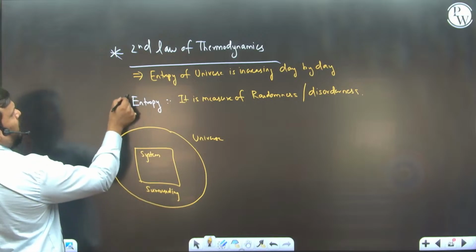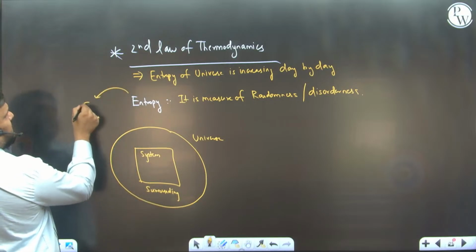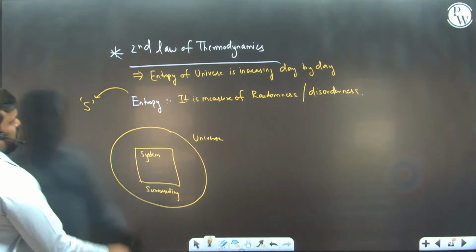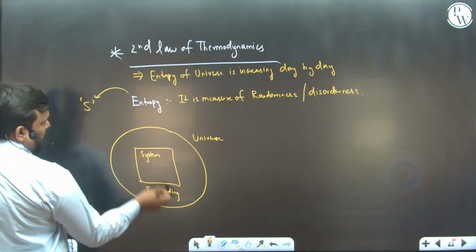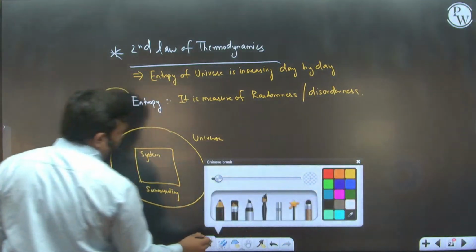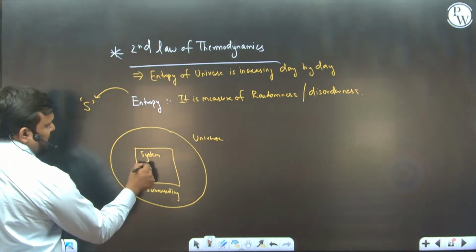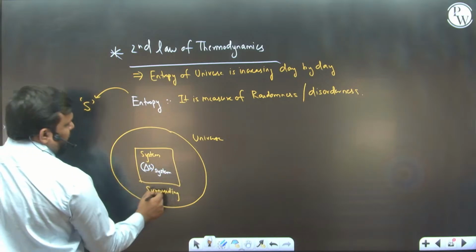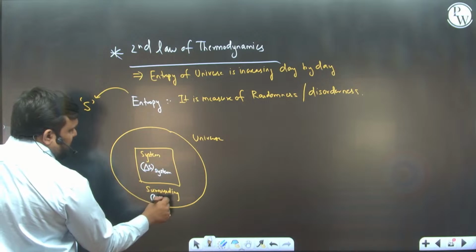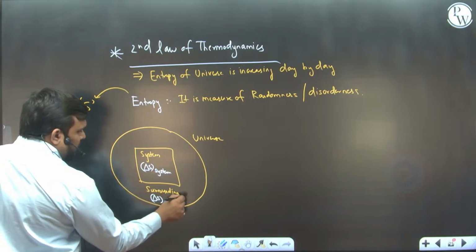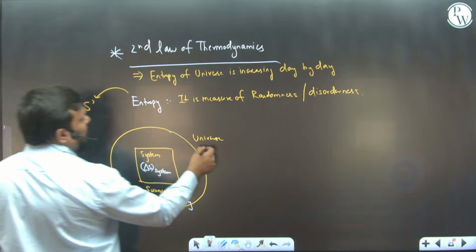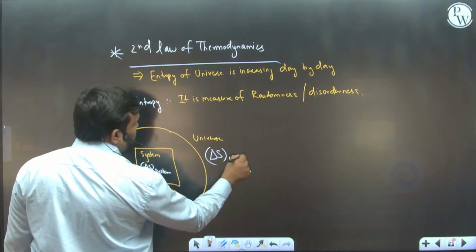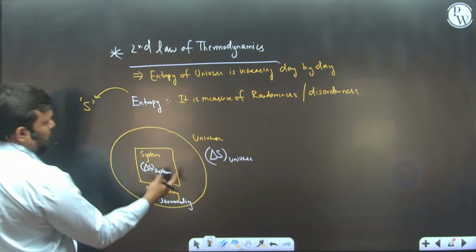This entropy we are denoting by S, and we are talking about entropy change. So inside the system we are having entropy change delta S system. In the surrounding we are having entropy change delta S surrounding, and the overall entropy change, that is the total entropy change, will be delta S universe. So what is the relation?